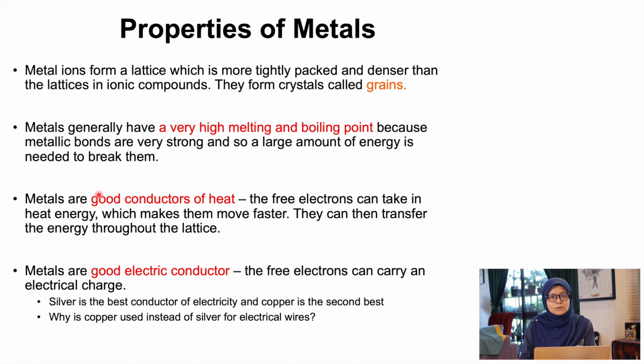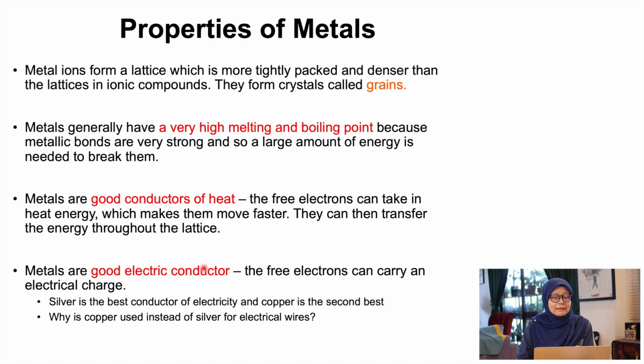Metals are also good conductors of heat, because the free moving electrons can take in the heat energy, which makes them move faster, so they can transfer the energy throughout the lattice. And fourth, metals are good electric conductors, because the free moving, or delocalized, electrons can carry an electric charge.